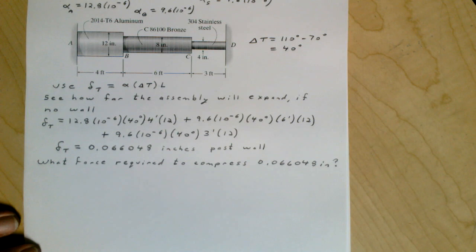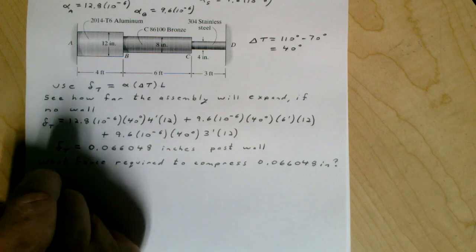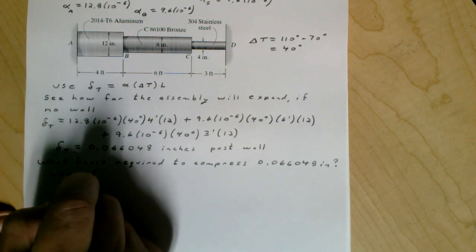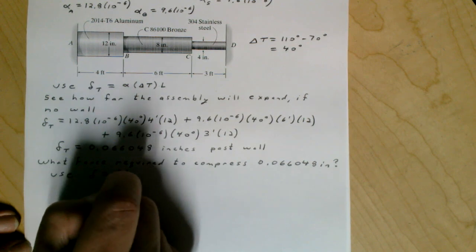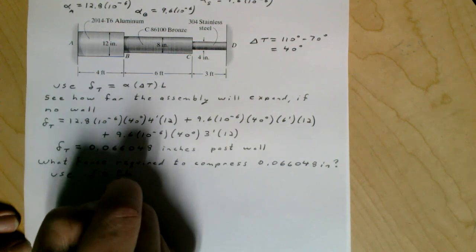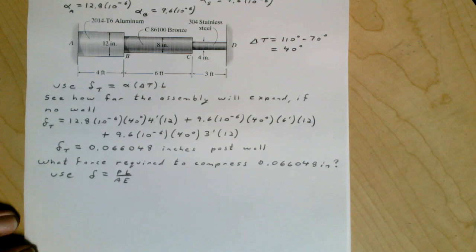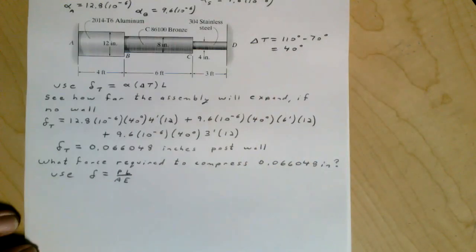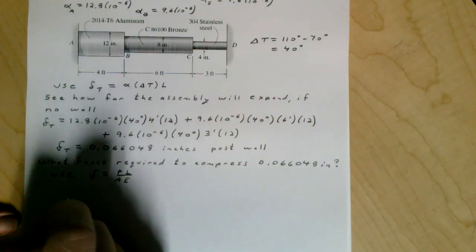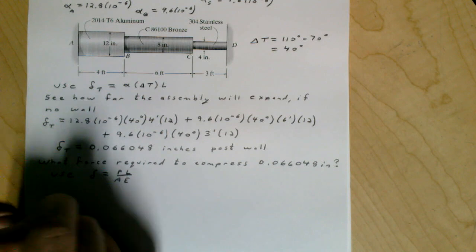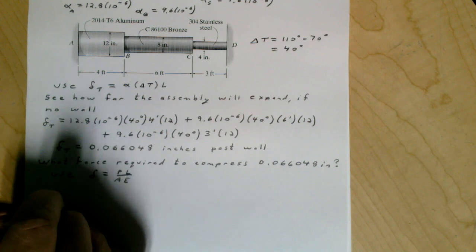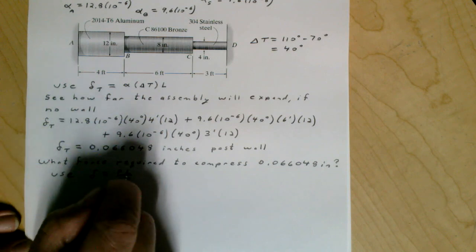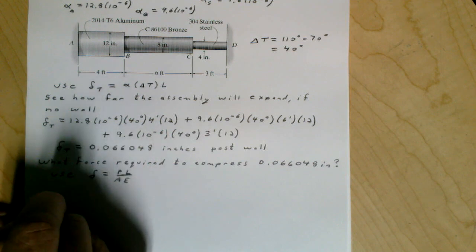And so just like before, we'll use delta equals PL over AE. But again, we have three parts, and the force is going to be the same throughout. So we'll apply this to the aluminum.